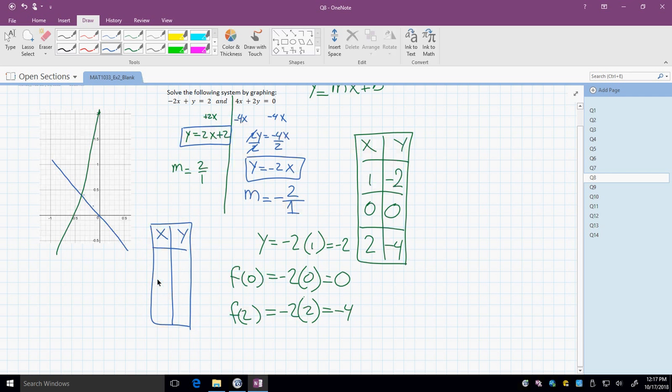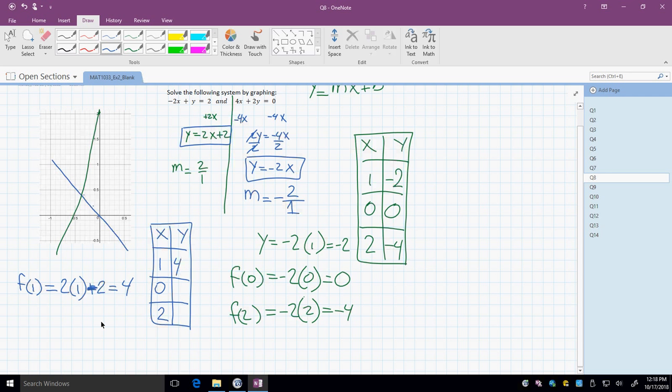We're gonna do the same thing with the first equation. So I'm gonna pick the same numbers, 1, 0, 2. So I'm gonna substitute by 1. 2 times 1 is 2, plus 2 is gonna give me 4.